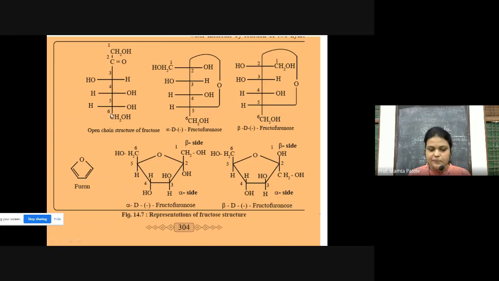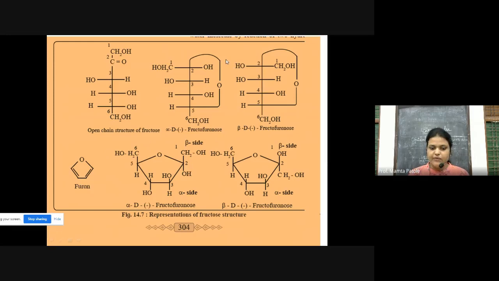That is the same. Then at the second position you'll have C double bond O. So this is your open chain structure of fructose. Here now what happens is, the OH group of the fifth carbon will go and attach on the second position, on this carbon, and so you will get alpha D fructofuranose and beta D fructofuranose. So alpha if the OH group is on the right hand side, beta if the OH group is present on the left hand side. This can now be converted into a ring structure, that is the furanose form.